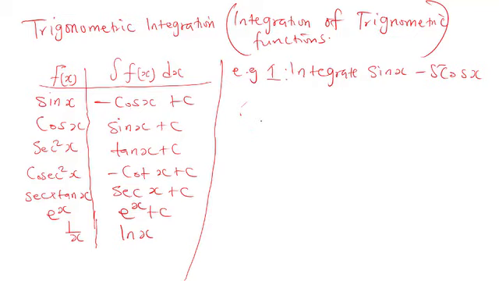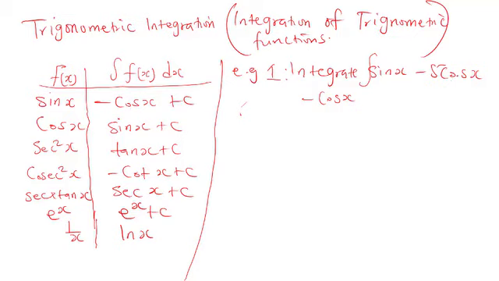What is the integral of sin x? Minus cos x. So it becomes minus cos x. Leave the plus c first, you add it at last because the plus c appears once.